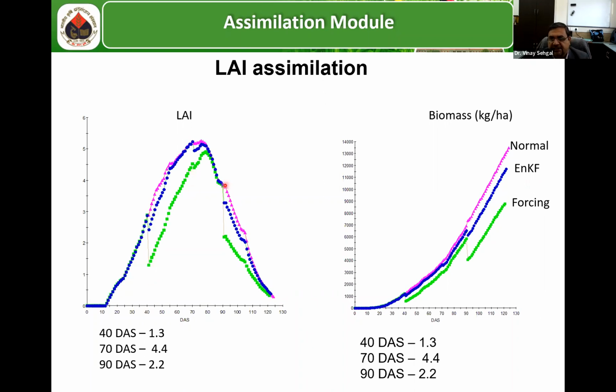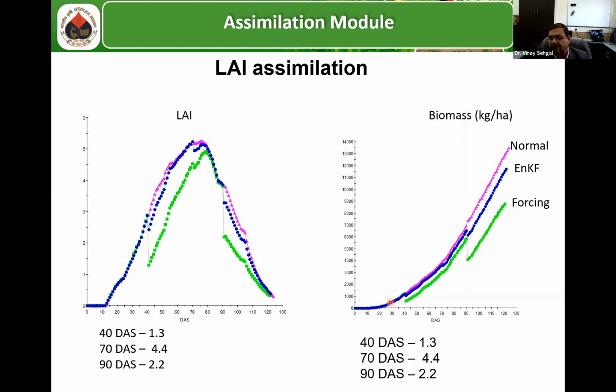And again, on this day, we find that actually the LAI should be 2.5, but it is still simulating 3.5. So we tell that. This way, we have tried different kinds of combinations: on the 40th day after sowing, we changed it to 1.3, and increased it to 4.4 on the 70th day. So multiple times, as and when you put it into the model, it will keep changing its course based on the observations of LAI which come from remote sensing.